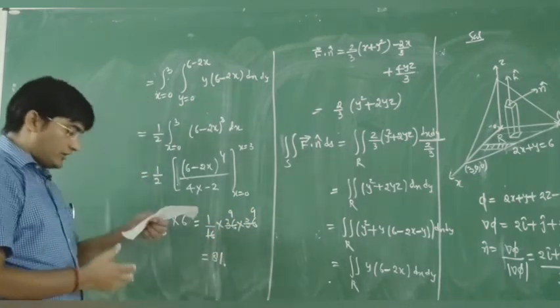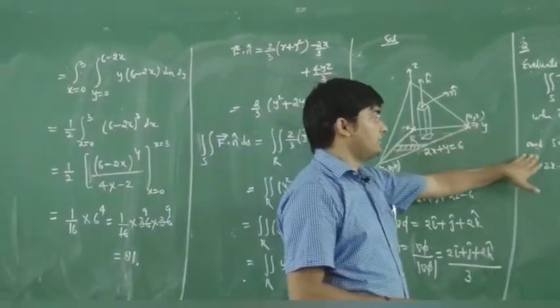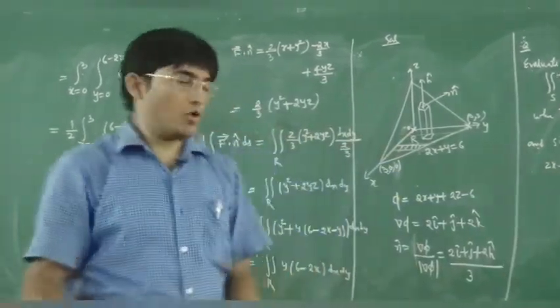So the value of this double integral is equal to 81 when S is the surface of the plane included in the first octant.